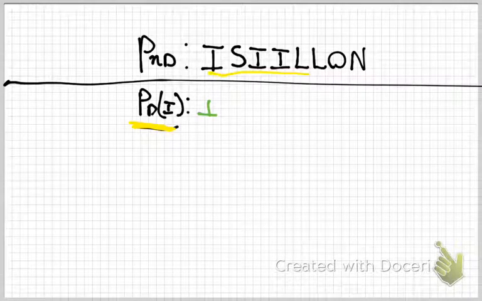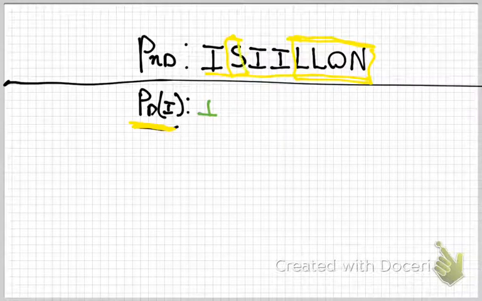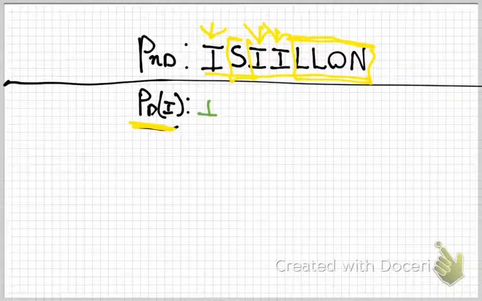Not permutations of this whole thing, but how many permutations where I keep all of these in their same place, and we just move these around. How many different ways can we do that?